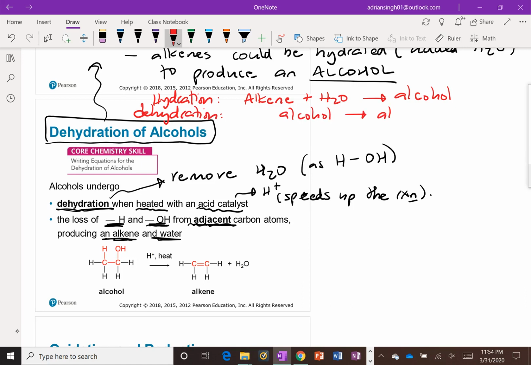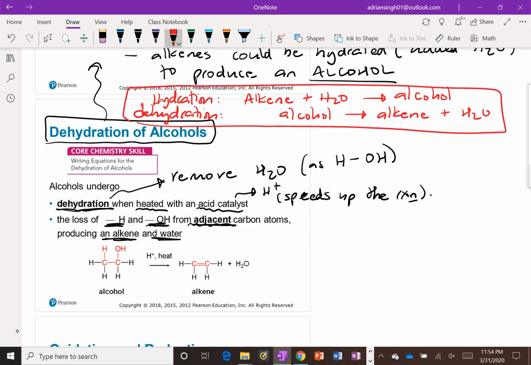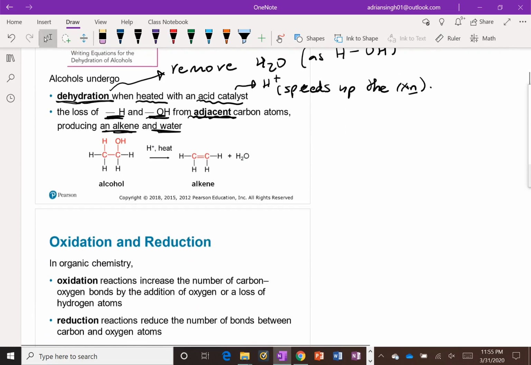We're going to make an alkene and remove the water, right? So these two are essentially opposite processes. And that's very common in organic chemistry. By changing the conditions, we can force a reaction to go in one direction versus another.